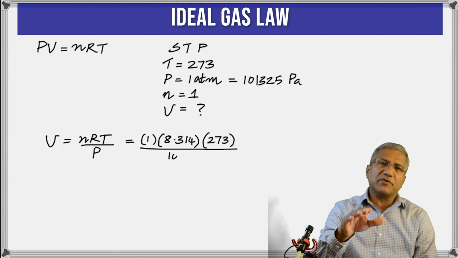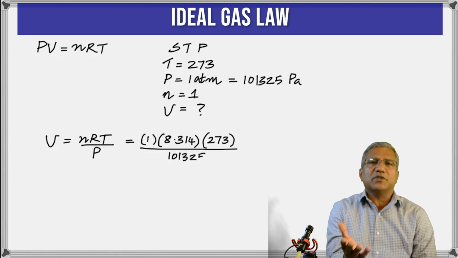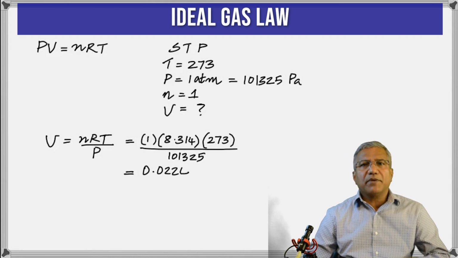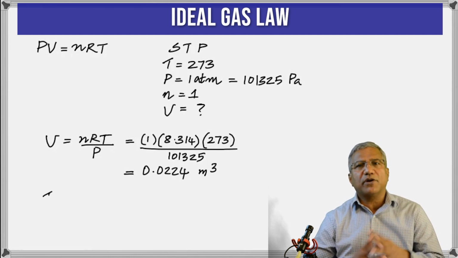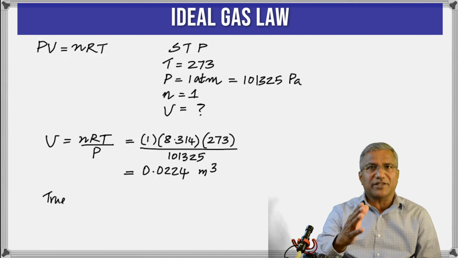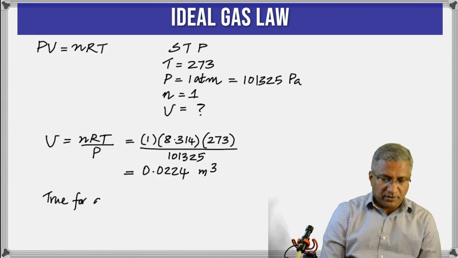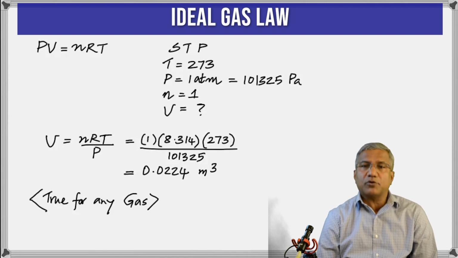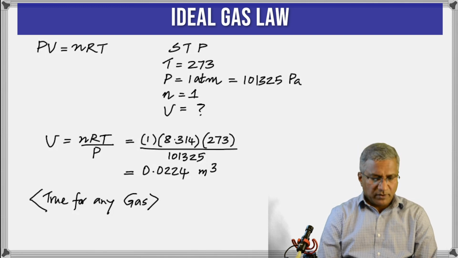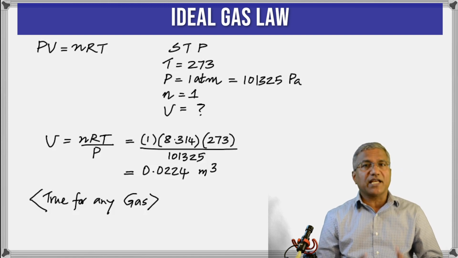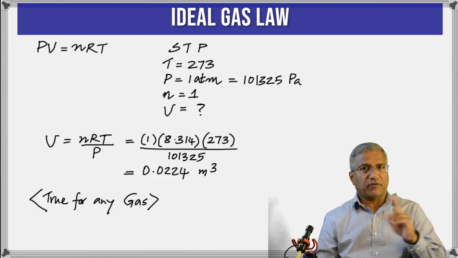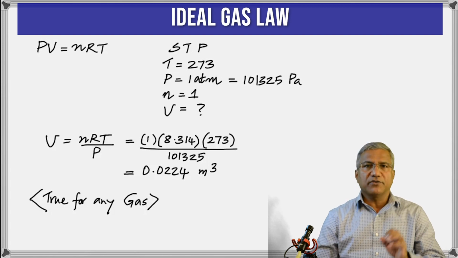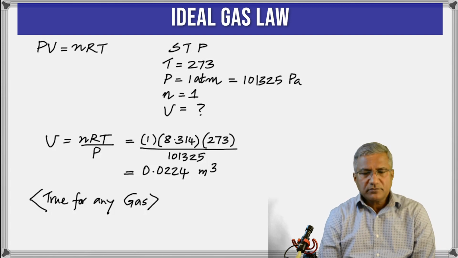There is a reason why I'm going fast, because you can always slow down, you can pause the video. I know you have the ability and control to do all that, all right? You with me? Okay, so when you do that, you calculate, you get 0.0224 meter cube. And that's true for any gas. So 1 mole of any gas at STP will all occupy the same volume.